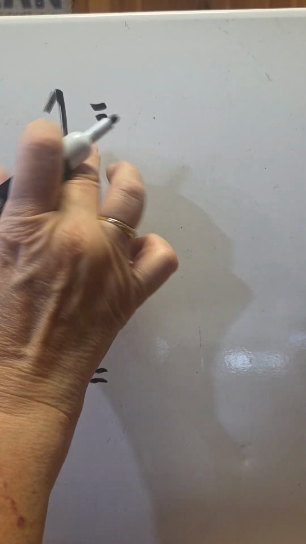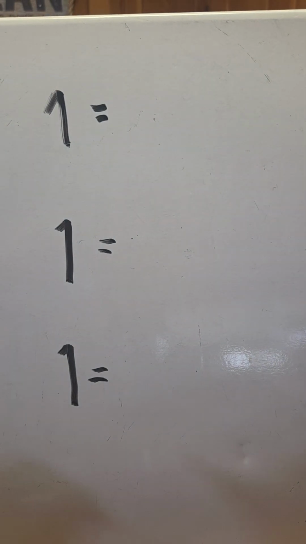I'll make them all look the same. 1, 1, 1. 1 equals. So we got to look at a group. I have to be referring to something. The thing about fractions is you have to be talking about something. You have to be measuring something, counting something, there has to be a question.